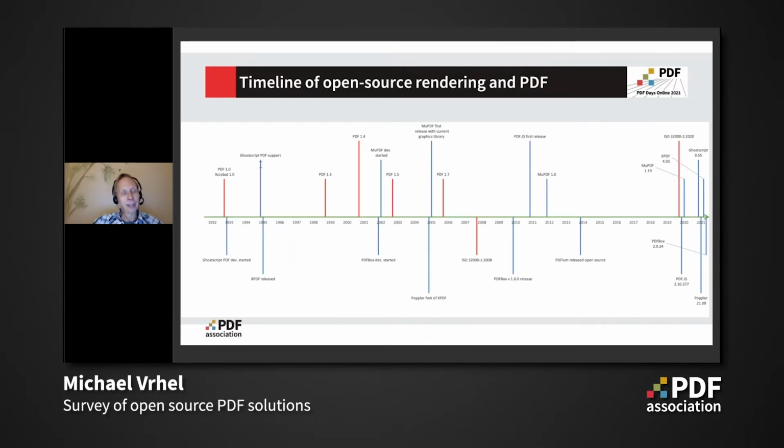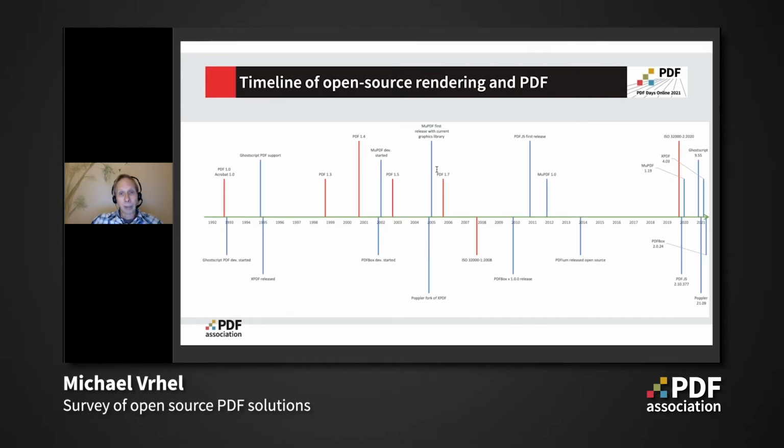Basically in January of '95, Ghostscript released PDF support, and later in the year Xpdf did its first release. Then we have the release of PDF 1.3, 1.4, and around 2002, development started on MuPDF, and development started on the PDFBox code.